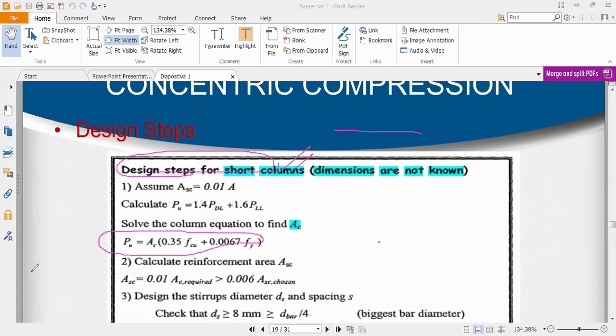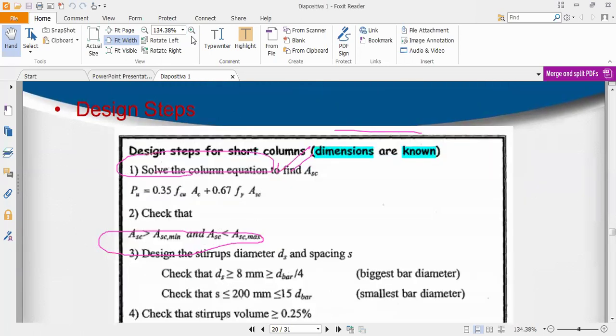I will explain. P ultimate is equal to 0.35 FCU area C plus 0.67 FY area S. If area S is equal to 1% of area C, you can substitute here.